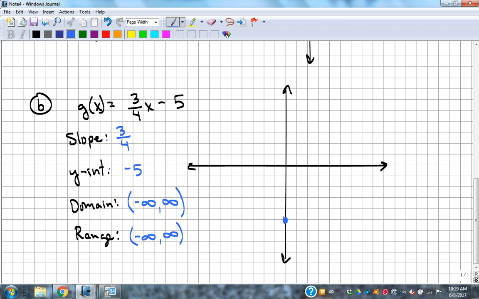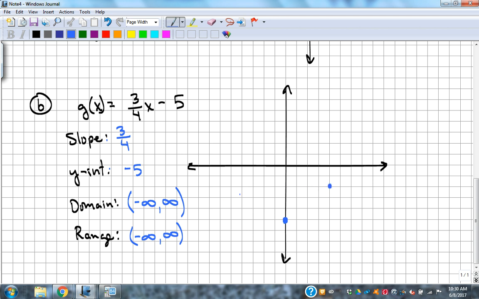Now, my slope is 3 over 4, so my rise is how much? In what direction? It's positive 3. So I'm going to go up 3 and then right 4.